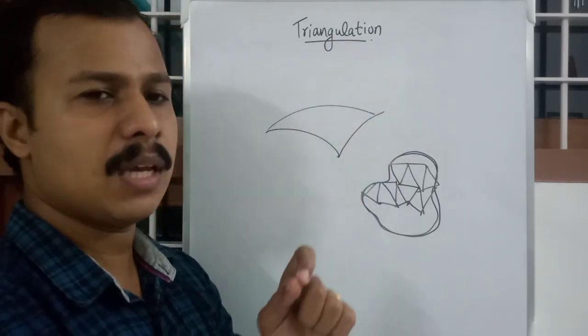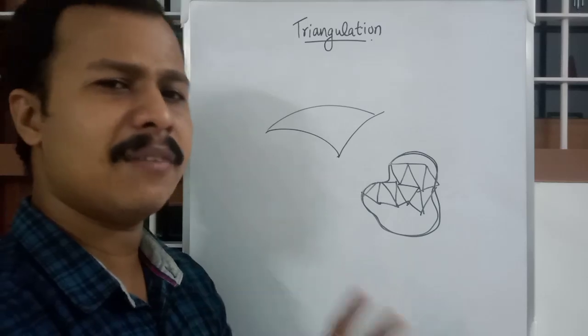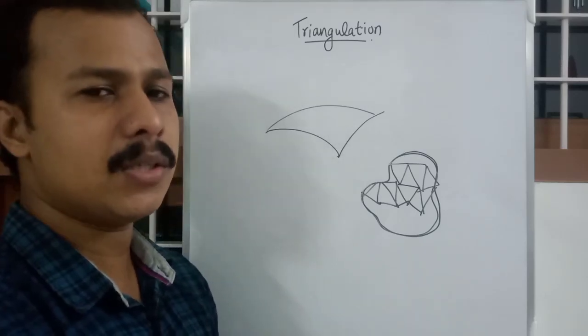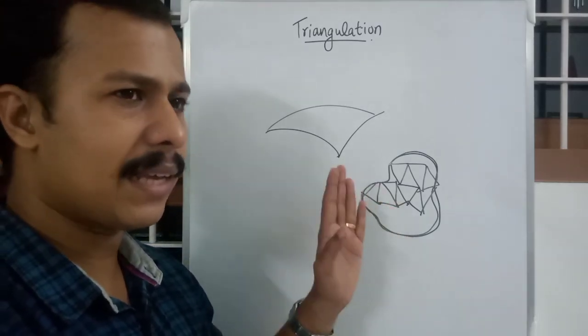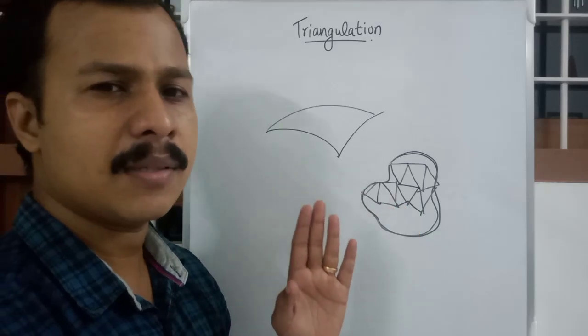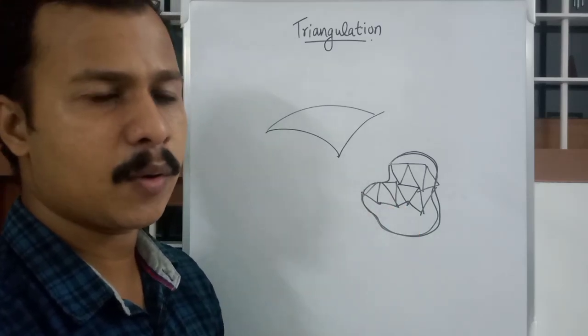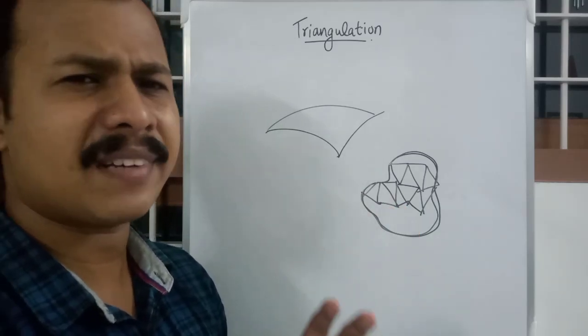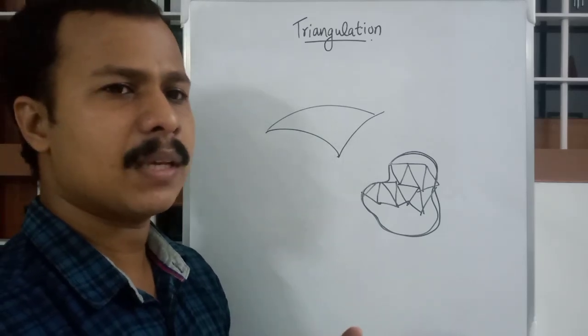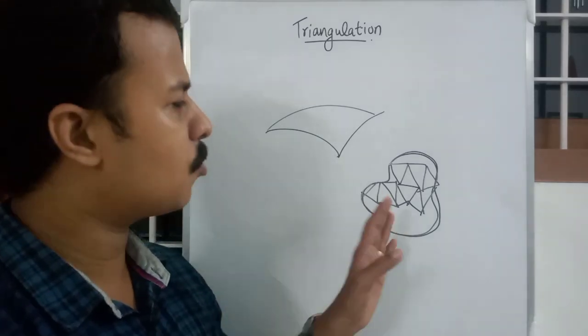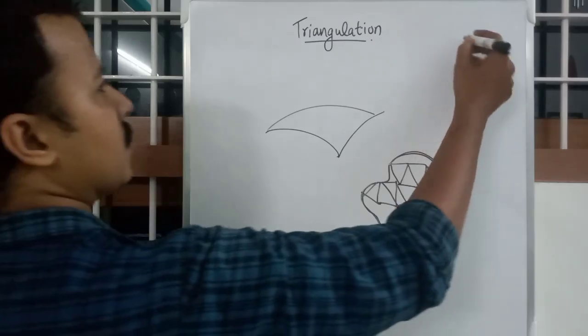Triangulation is such a process where we use triangles or similar figures, triangulation figures, to calculate area and for surveying measurements. There are a number of triangulation figures that we use. The first one obviously is triangles.